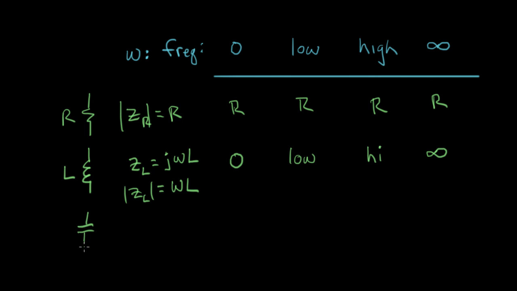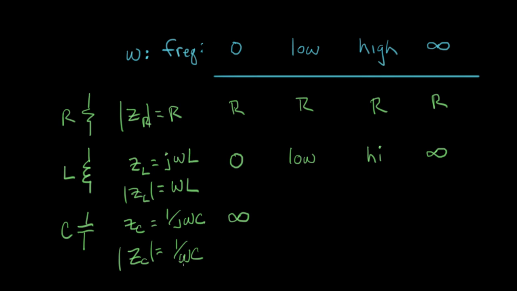All right, let's fill in the last one here. Here's our capacitor. And the Z of a capacitor equals 1 over j omega C. And the magnitude of the impedance is just 1 over omega C. So let's plot that out. What is 1 over omega C when omega is 0? Well, it's infinity. And what if omega is a small number?